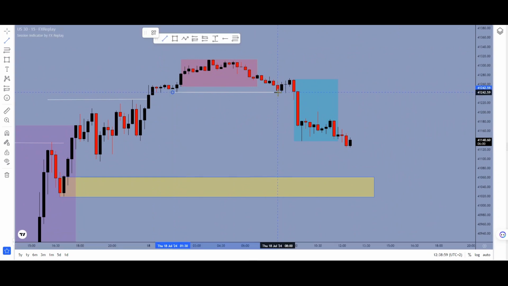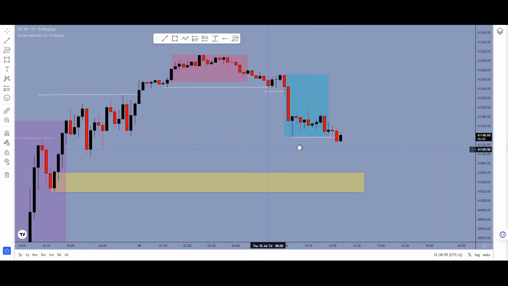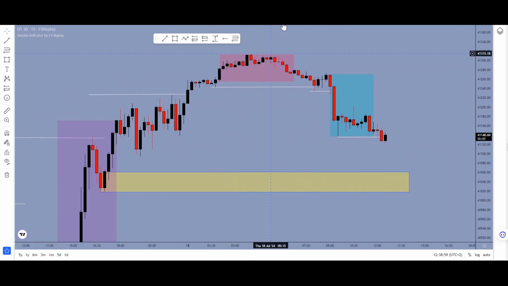It was breaking structure to go to the downside. So according to my trading strategy, I already knew that at some point price was going to want to correct or reverse. So it went on to break structure. So let's just play it forward and see what price actually did.